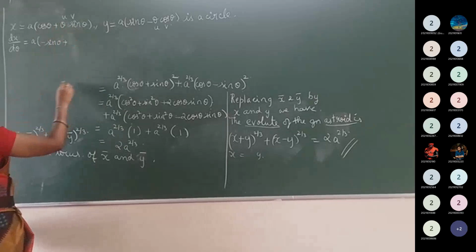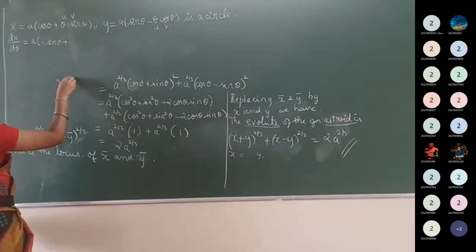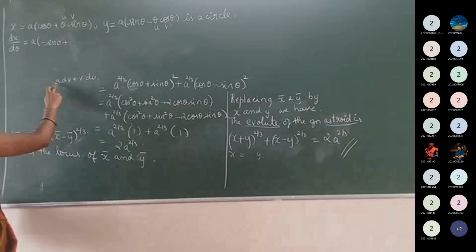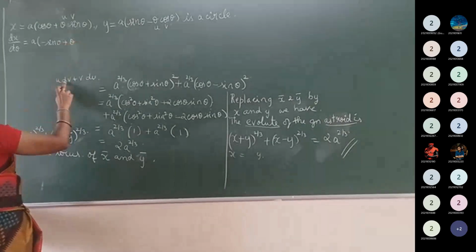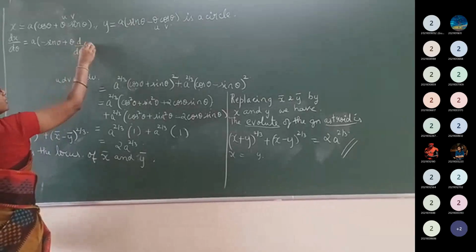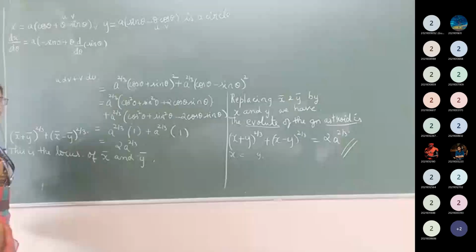Then you have to apply your formula, u dv plus v du, in this. So your u term is theta, then dv is d by d theta of sin theta.